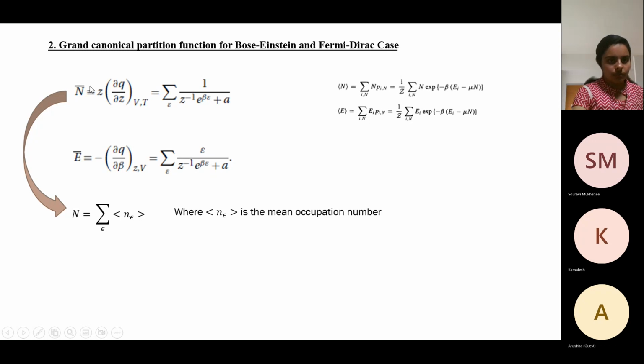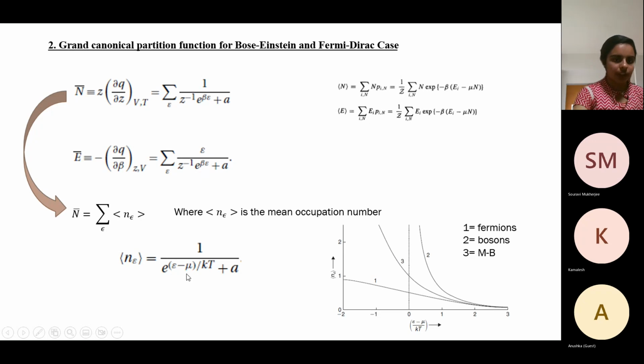So now you can write the mean number of particles as the sum over epsilon of n epsilon. Okay. Now this term here is actually the mean occupation number, which tells you the mean number of particles in some energy state epsilon, right? So this is called the mean occupation number. And here if you put the value of z, which is given as e to the power mu by kT, you get something like this, right?